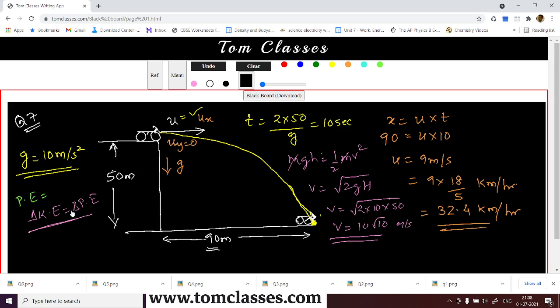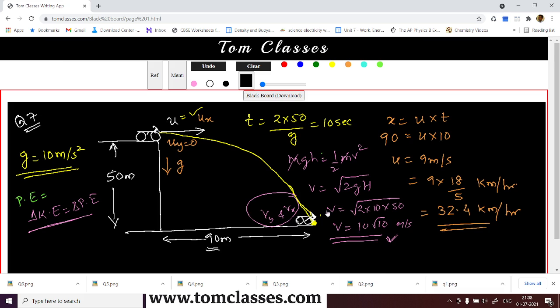If we know the final velocity, then it can also be calculated, but that has not been asked over here. Those calculations can be done, because we know this is ux, and then if we know this, we can calculate vy and vx. But here this will give the difference, that's why this value is coming greater.